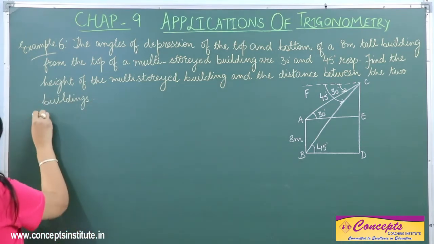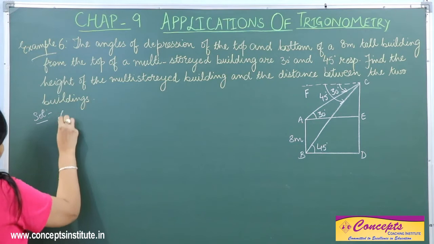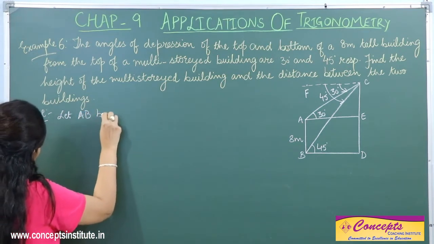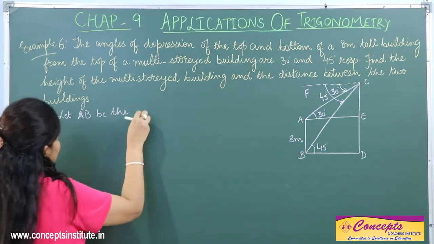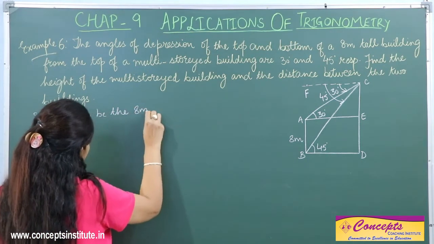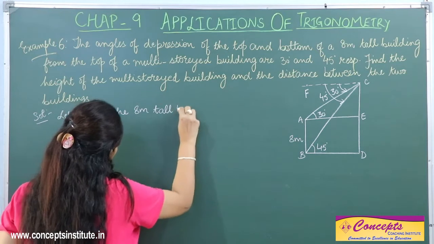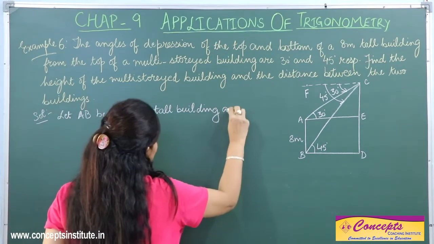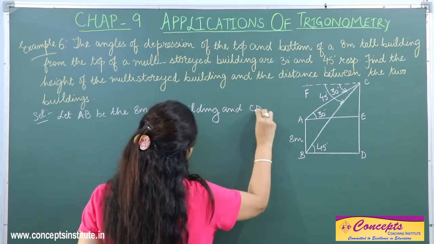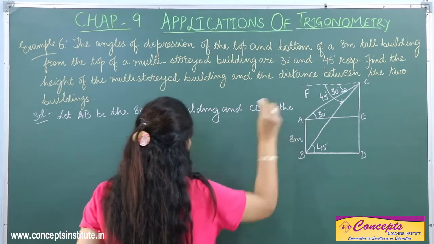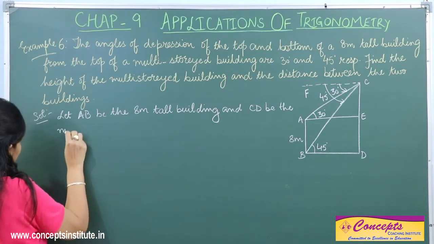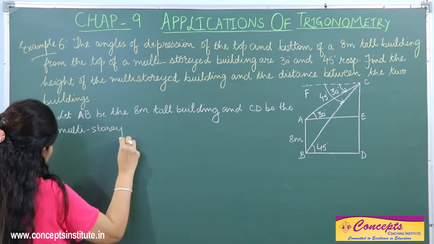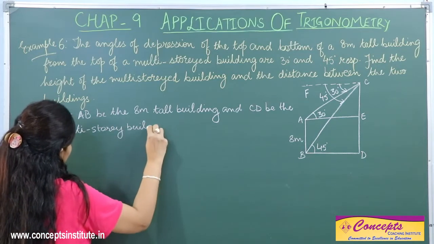So in the solution I am going to say let AB be the 8-meter tall building and CD be the multi-story building, right?